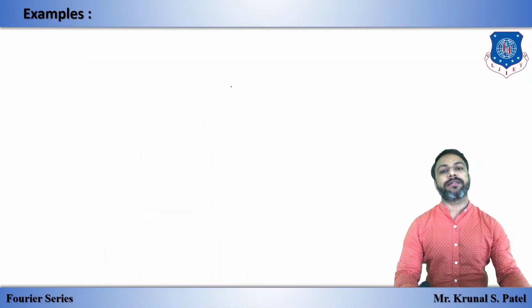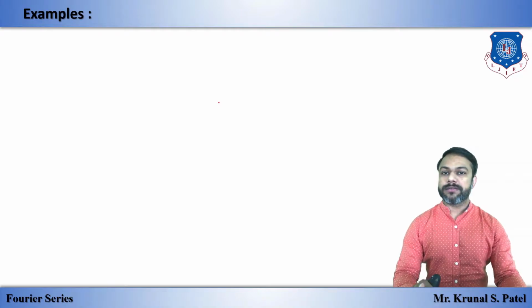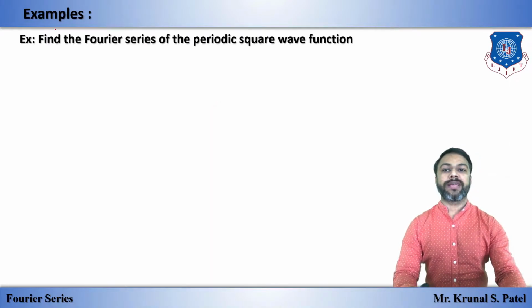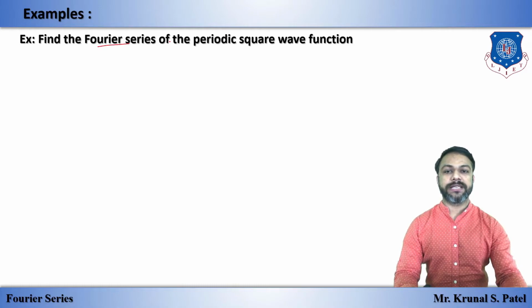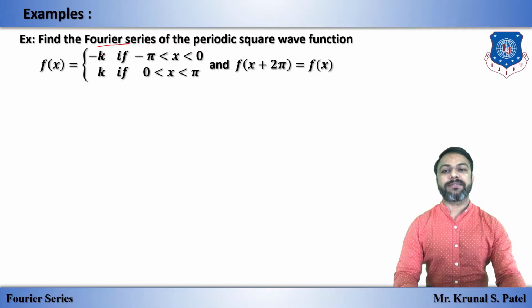In this lecture I am going to explain only one example, because all the rest of the process will be the same. So the example: find the Fourier series of the periodic square wave function f of x equal to minus k if minus pi less than x less than 0, and k if 0 less than x less than pi, and f of x plus 2 pi equal to f of x.